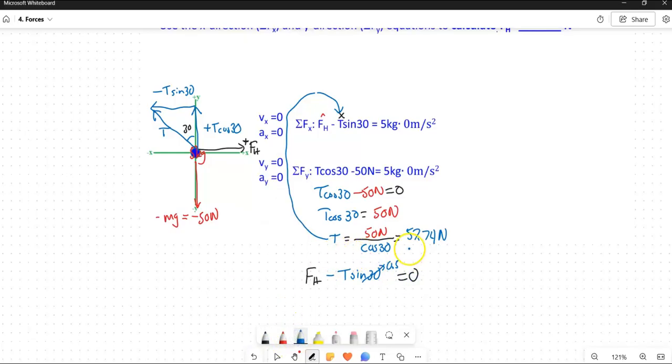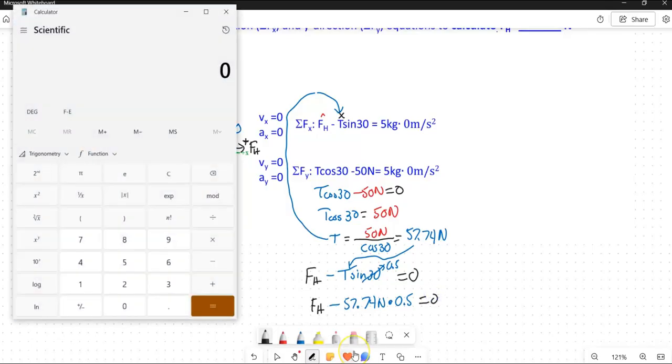So we're going to plug 57.74 newtons right there times 0.5, and that's going to be equal to 0.